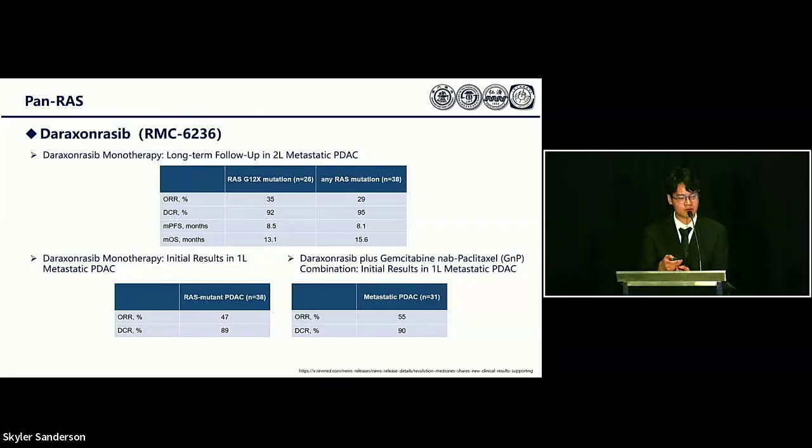And finally, I will talk about the development of pan-RAS inhibitors. This year, the pan-RAS inhibitor RMC-6236 has reported its anti-tumor efficacy in first-line, second-line, and combined therapy. We can see that the results are encouraging, and we look forward to seeing more favorable results in the future from larger phase 3 clinical trials.